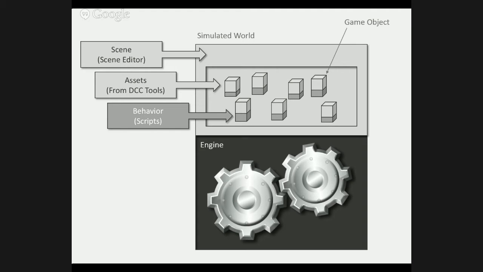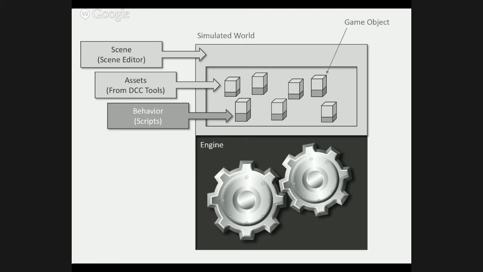And then there's a little bit of a darker part there, and that determines how the object behaves in the world. And when I say behavior, I'm using it in a very broad sense. Behavior could even be how it behaves physically when dropped. That's a behavior. And those types of behaviors are specified using scripts or programming languages.